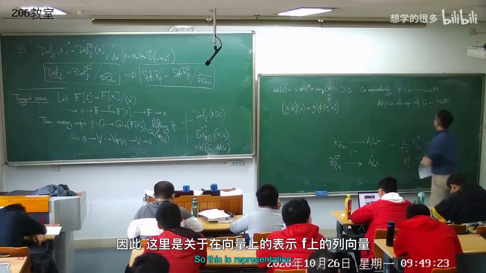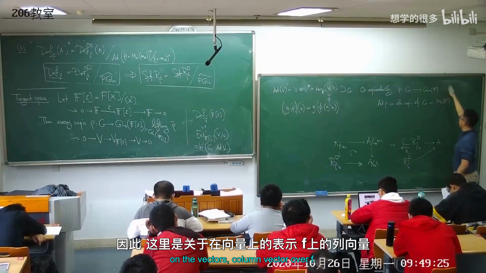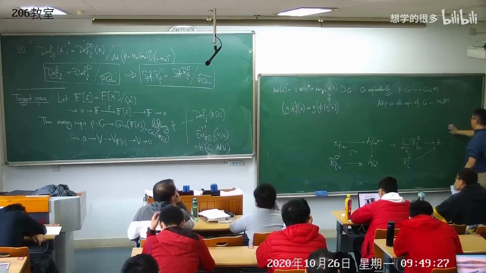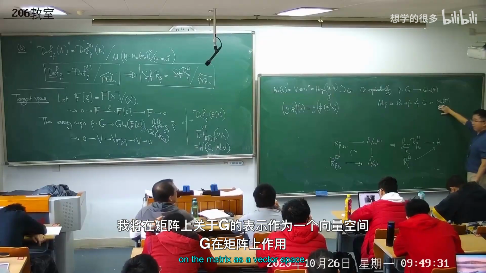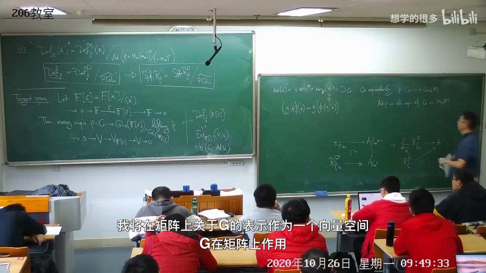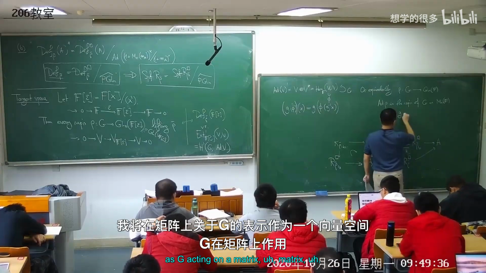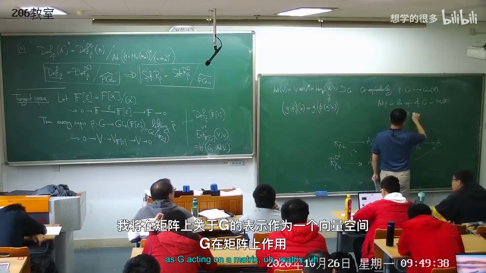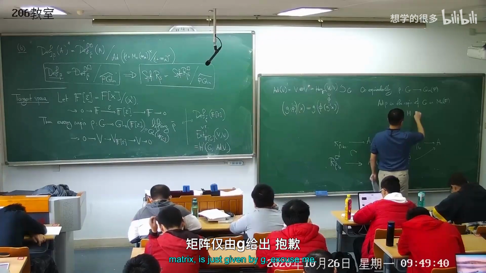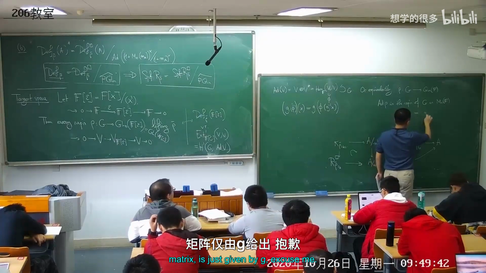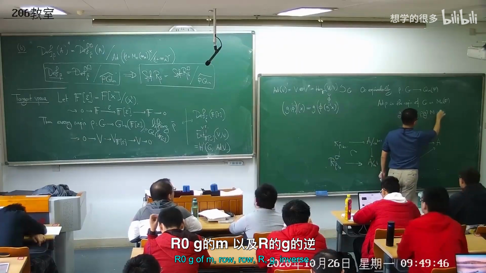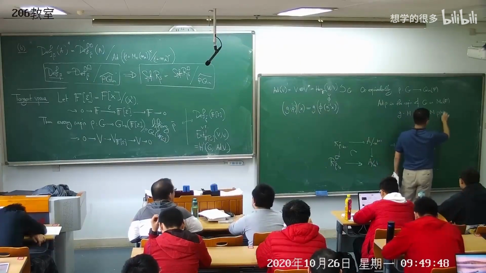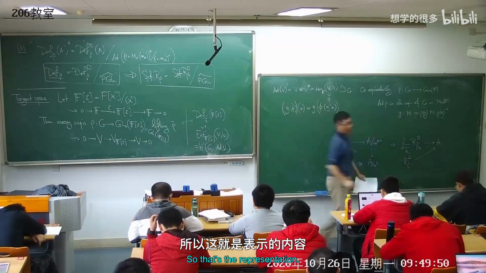So this is a representation on column vectors over F, and the adjoint is the representation of G on matrices as an F vector space, given by G acting on a matrix M as rho(g) M rho(g) inverse.